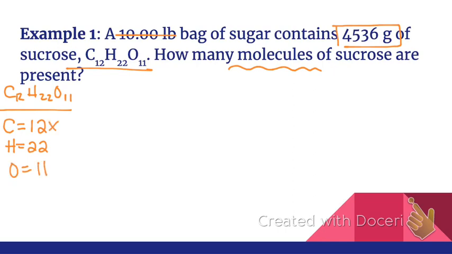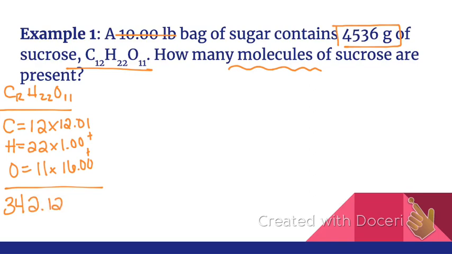Then you access your periodic table and look up each of their individual masses, rounding to 2 decimal places. Carbon is 12.01, hydrogen we use 1, and oxygen rounds to 16. We multiply and add that all up, and we get 342.12. It's molar mass, so that is grams per mole.